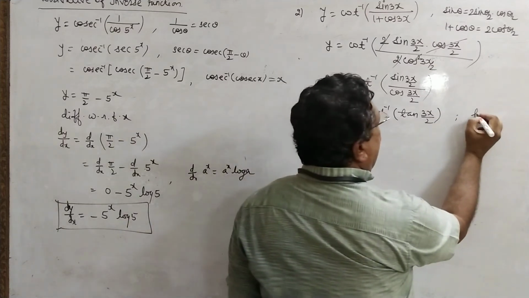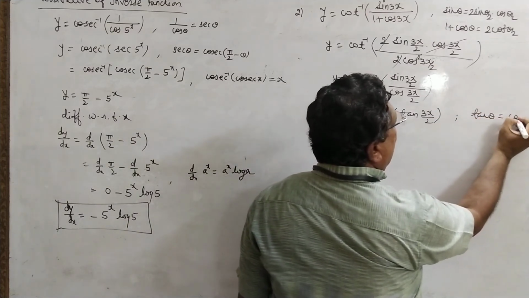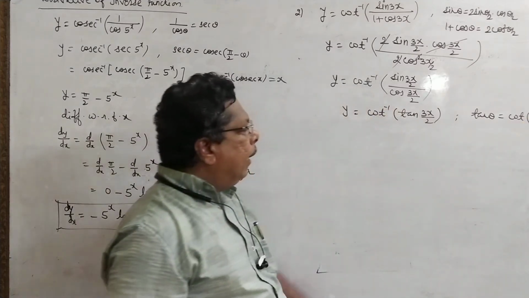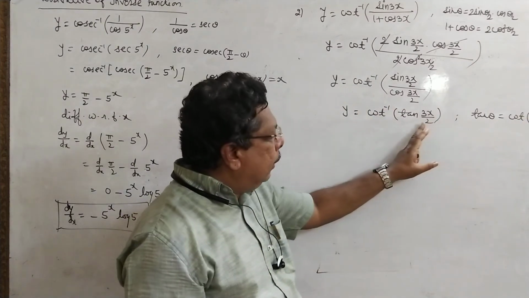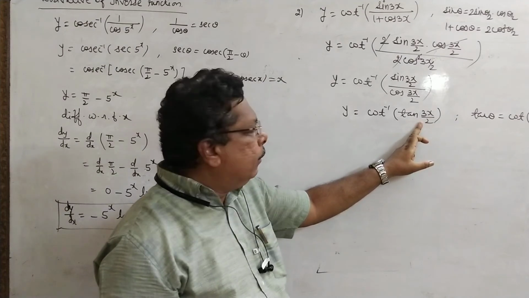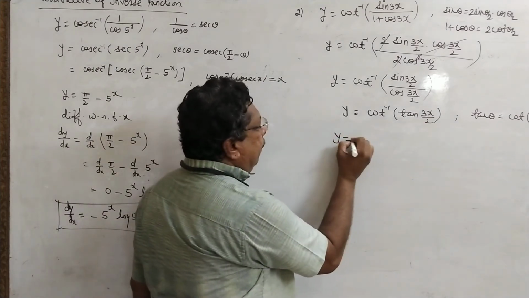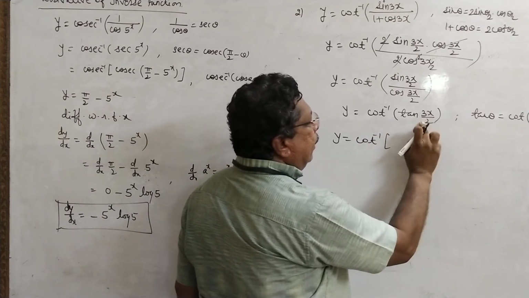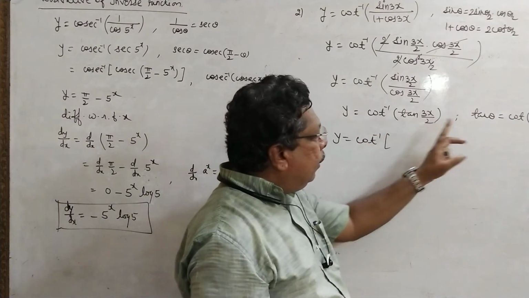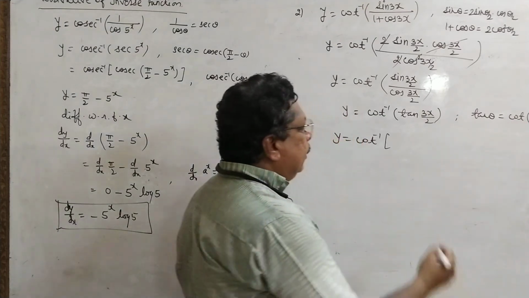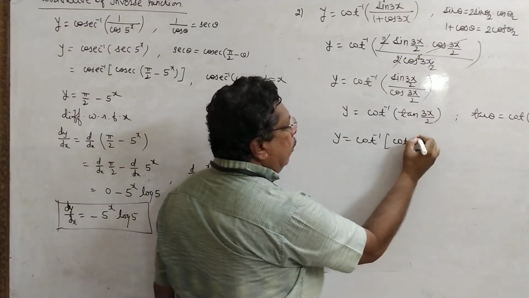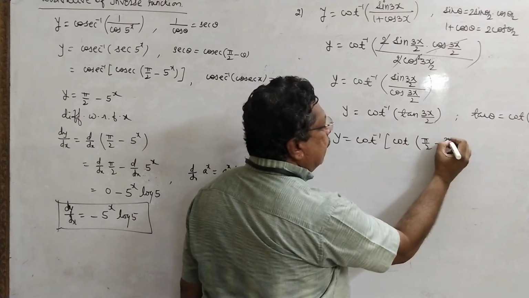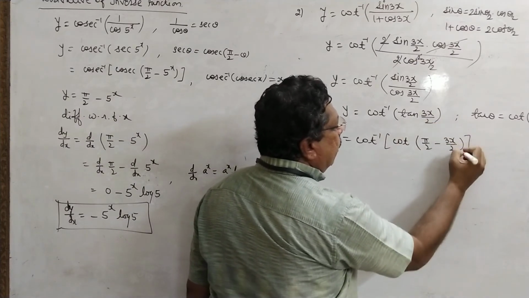And here use tan theta is equal to cot of pi by 2 minus theta, where theta is equal to 3x by 2. So the function y becomes cot inverse of cot of pi by 2 minus theta, theta is 3x upon 2.